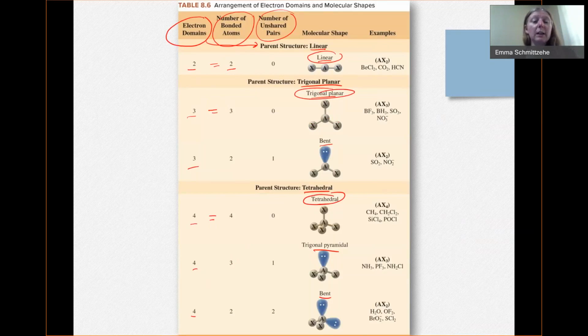There's nothing that's just standalone electrons. But when you have some unshared pairs, so some lone pairs, on that structure, or possibly a radical, then your molecular shape is something different, and it's describing just the atoms.